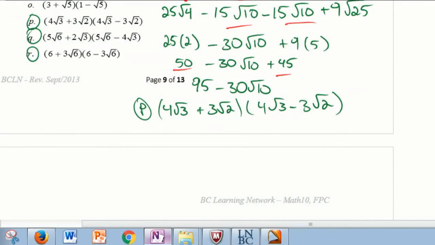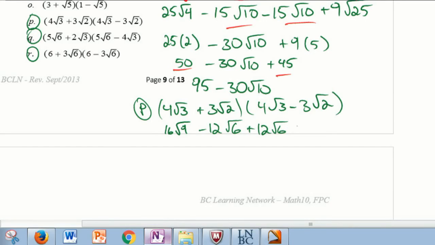Let's do some multiplication. 4 times 4 gives me 16. Root 3 times root 3 is root 9. So that's my first ones. I have the 4 times the negative 3 is negative 12. The root 3 times the root 2 is root 6. The inside two, 3 and 4, is positive 12, and 3 and 2 is root 6.